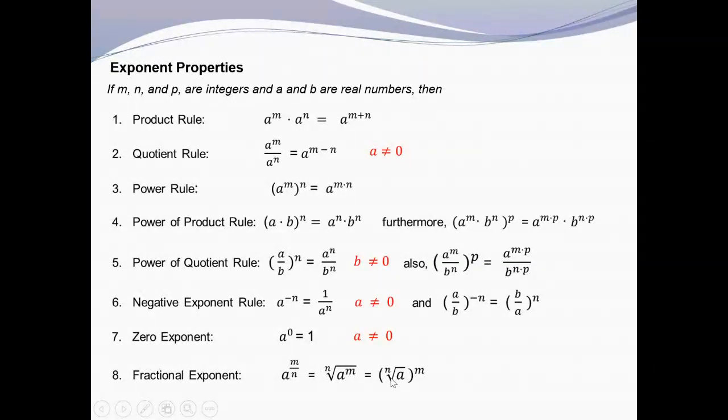So it's easier to use the one here on the far right, which is the nth root of a, close parentheses, to the mth power. These two are the same ones. Okay, now let me show you here examples. And n has to be more than or equal to 2. For example, it can be a square root, a cube root, and so forth. Okay, now here are the examples of the product rule.